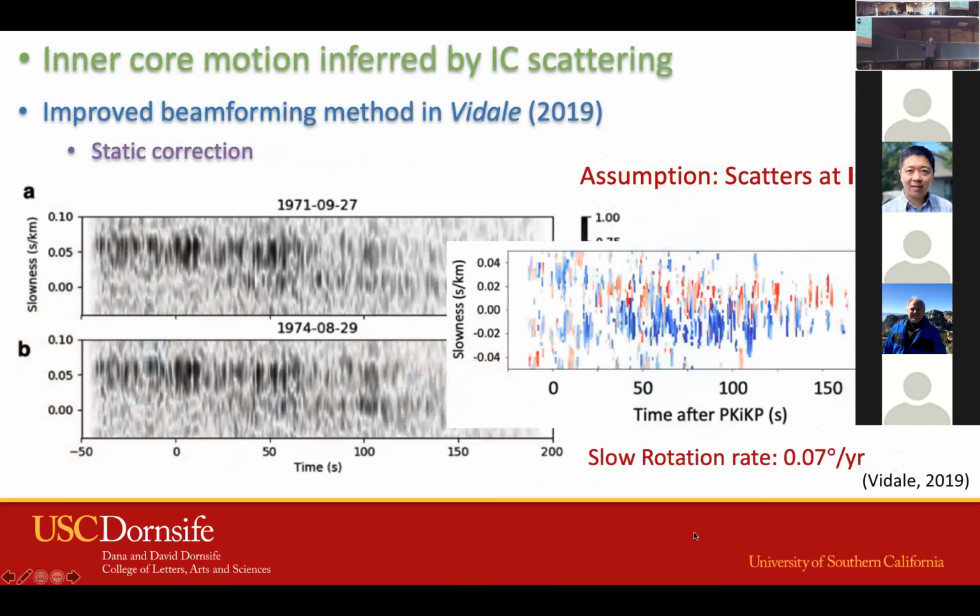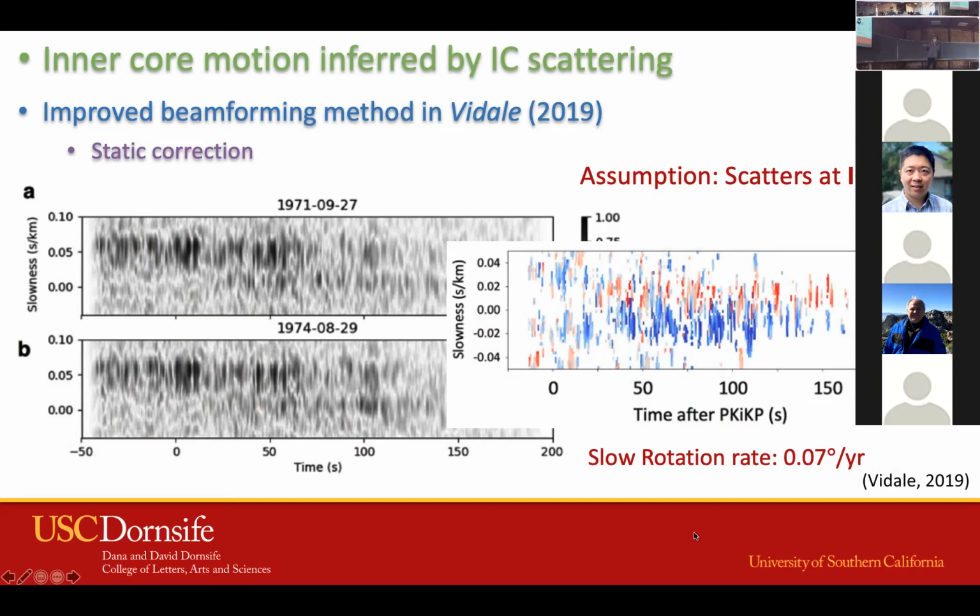And almost 2 years ago, after he applied the static correction, he could identify more robust inner core scatter energy. Like here, this is more consistent. When you compare the 2D beamforming, it looks very similar, and the arrival time difference is a better measure.